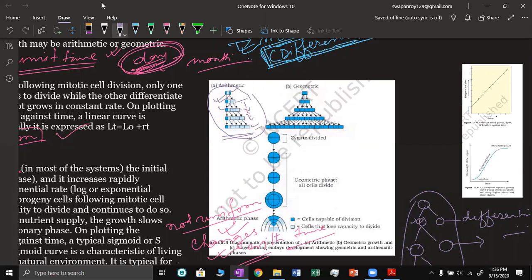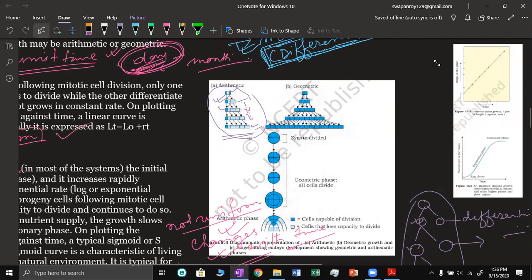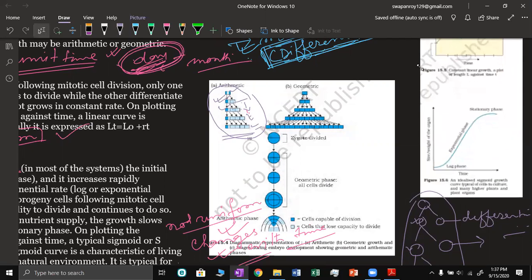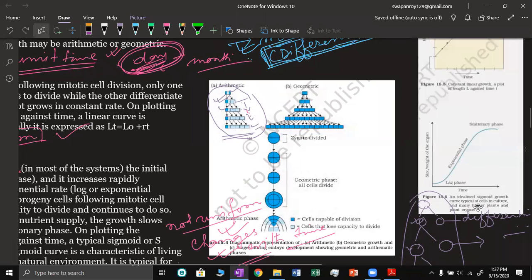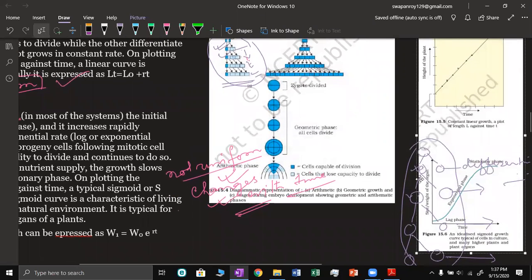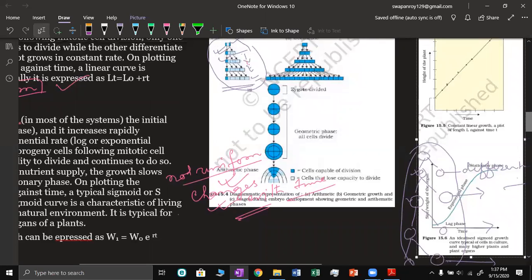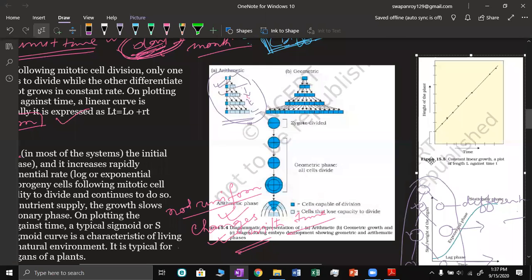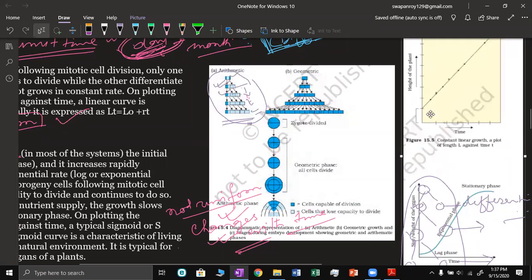We can plot a graph for this. On one axis, we have taken the height of the plant, and this side is time.